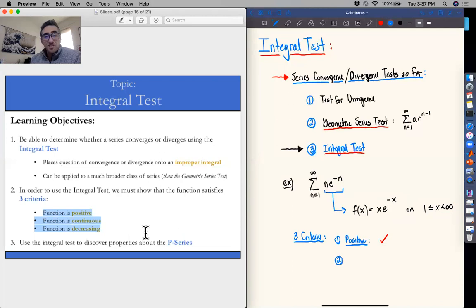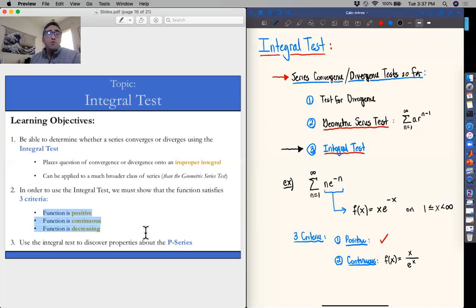The second thing we get to check is to make sure it's continuous. And while looking at this function, so I'll just rewrite the function below, we could also equivalently rewrite this function as x over e to the x, just using algebra.